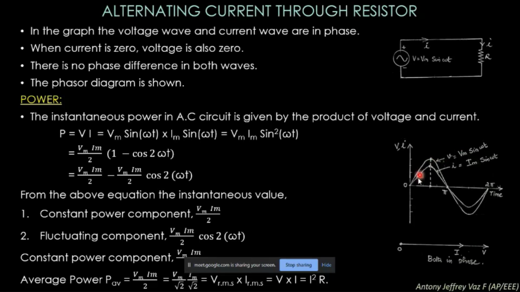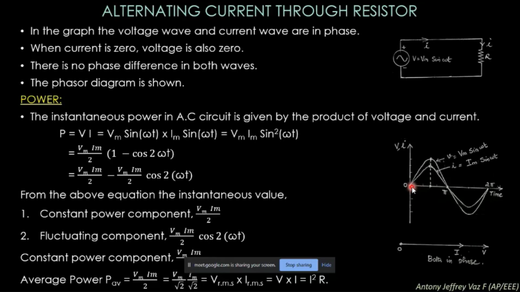So if you see these two waves through an oscilloscope, then you get these waves drawn. You can see that the two waves are starting at the same time at the 0 position and reach 180 degree at the same time, and then they also end back at the 360 degree position.